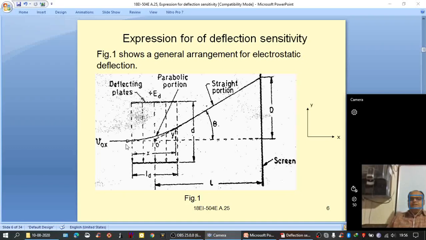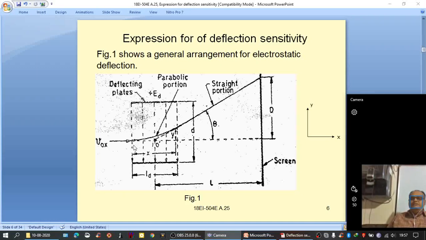assume that the velocity of the electron, either a single electron or n number of electrons, that is developed by the accelerating anodes, be Vox, that is the initial velocity of the electrons passing through the accelerating anodes and reaching the vertical deflection plates.